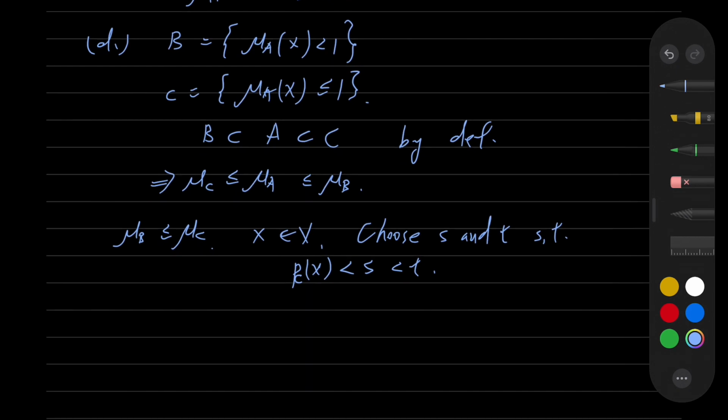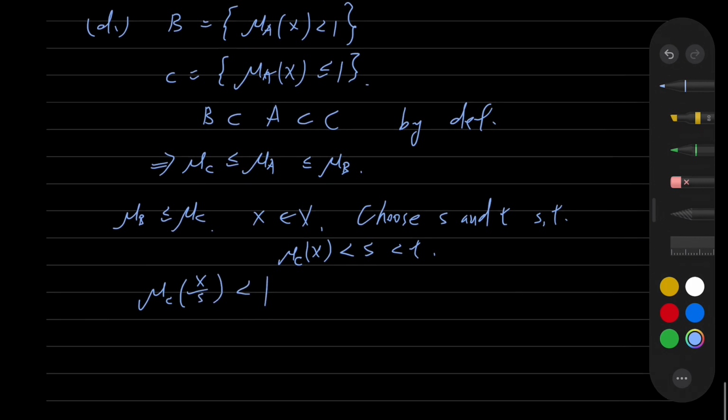Then we move s to the left hand side. So mu C of x over s is smaller than 1.